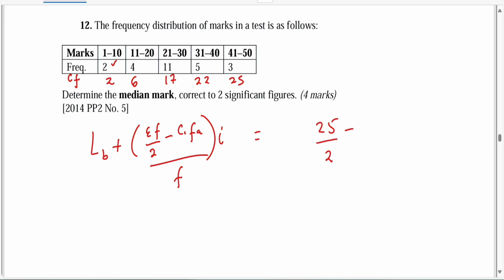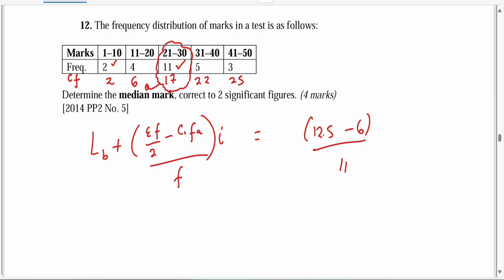So 25 divided by 2 is 12.5. Where is 12.5 located? It is here, so we subtract the cumulative frequency above, which is 6. Then divide by the frequency, the one highlighted, which is 11, times your class interval.